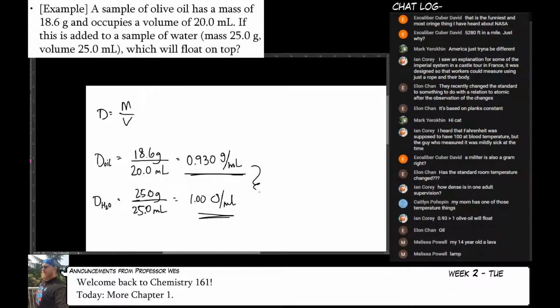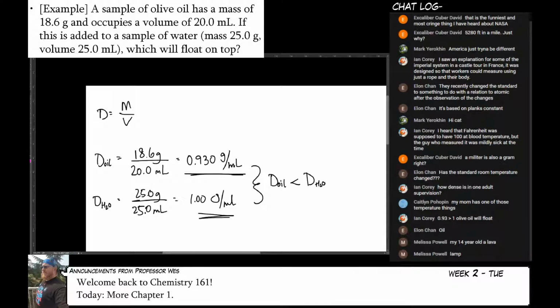And so the conclusion that we would get is that the density of the oil is less than the density of the H2O. Make sure you're using the correct symbol. We're going to be using this symbol a lot in this class. The alligator eats the bigger number.